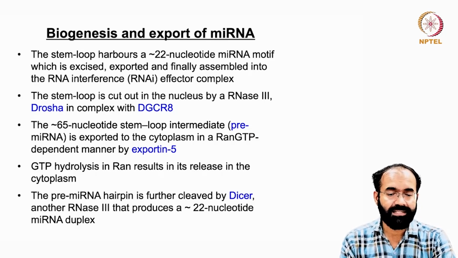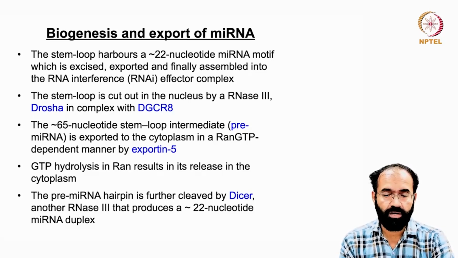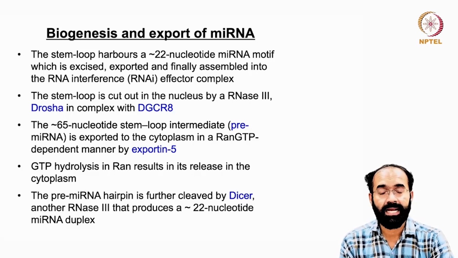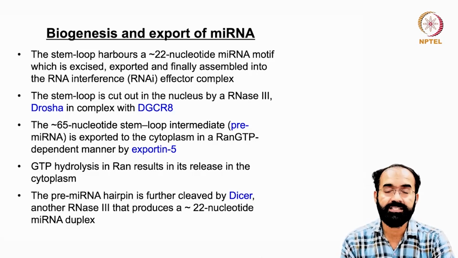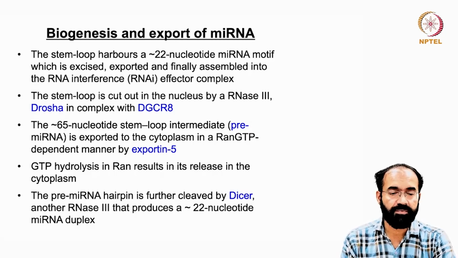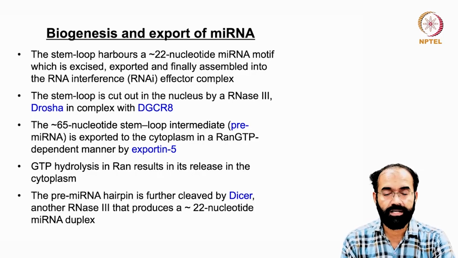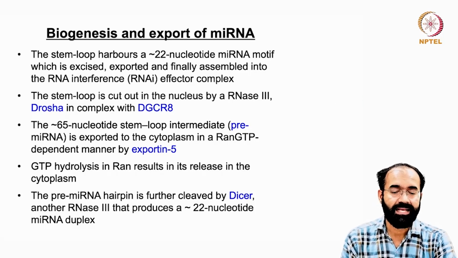The stem loop is cut out in the nucleus by an RNase 3 enzyme, which we call Drosha, in complex with another protein, DGCR8. So remember, the stem loop structured microRNA is acted upon by the RNase Drosha with the help of the protein DGCR8. The stem loop can be around 65 nucleotides in length. This 65 nucleotide stem loop intermediate, we call the pre-microRNA.